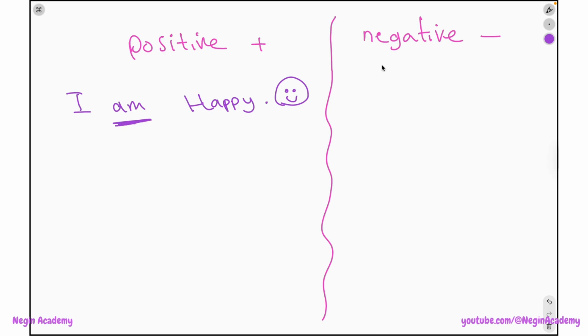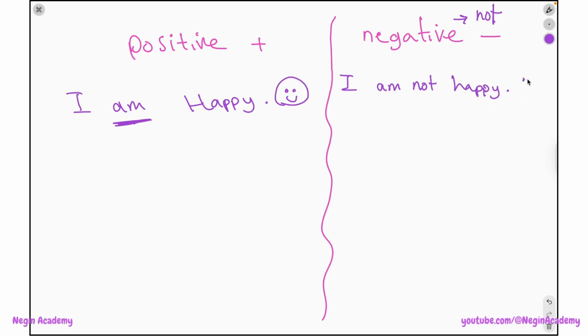But when we want to say a negative sentence, nice and easy, we only add not. So we have to use not for negative sentences. How? Here we have to use it after the to be verb. For example, I have to say I am not happy.